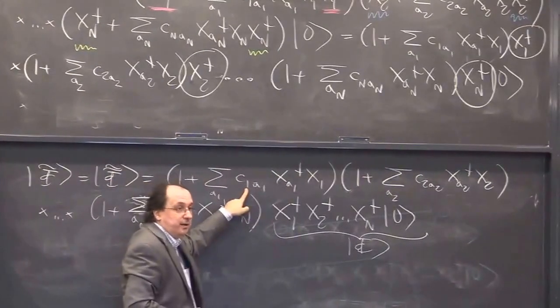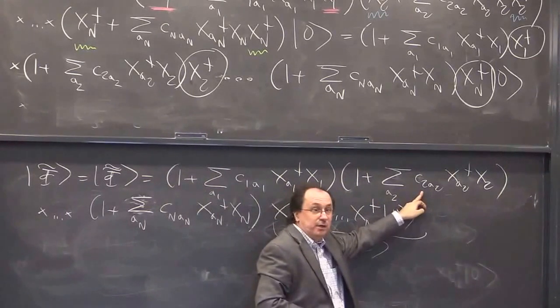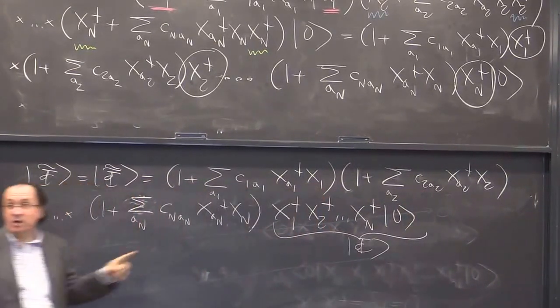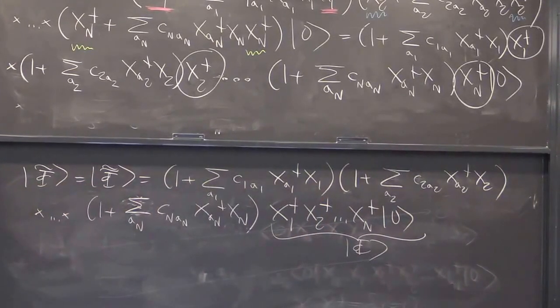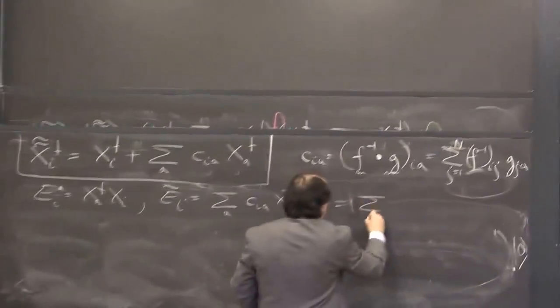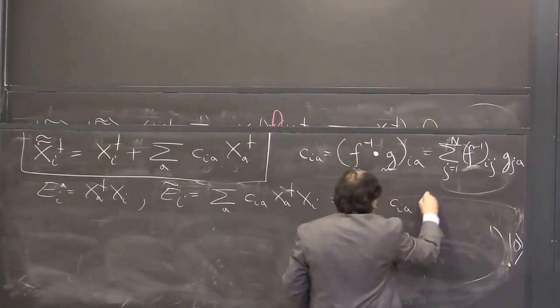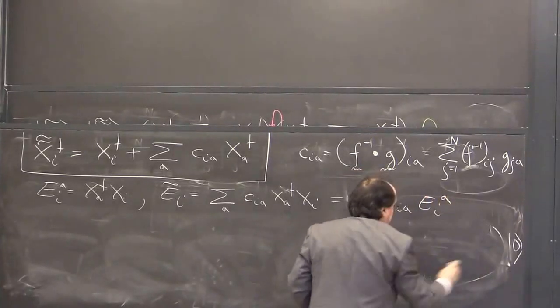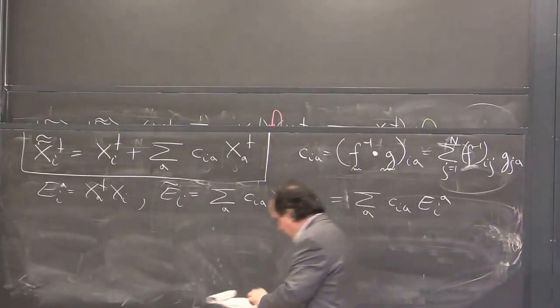Here I is 1. Here I is 2. Here I is n. So because they are fixed, I want to define the corresponding quantities. You can also write it as a summation over A, CIA, EIA, where EIA is the elementary excitation operator from I to A.